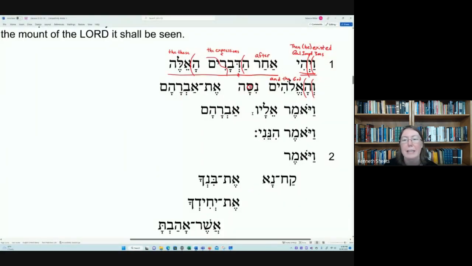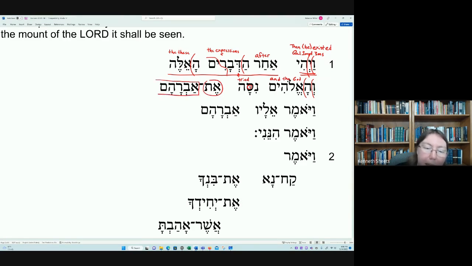It's third masculine singular in this instance. And this is basically the idea of to try to evaluate something. And so thus, and the God tried et Avraham. And notice here you have the definite object marker indicating that we are dealing with the object of the verb here. And this object being a proper noun is in fact definite. And this is in fact the proper name, Abraham.